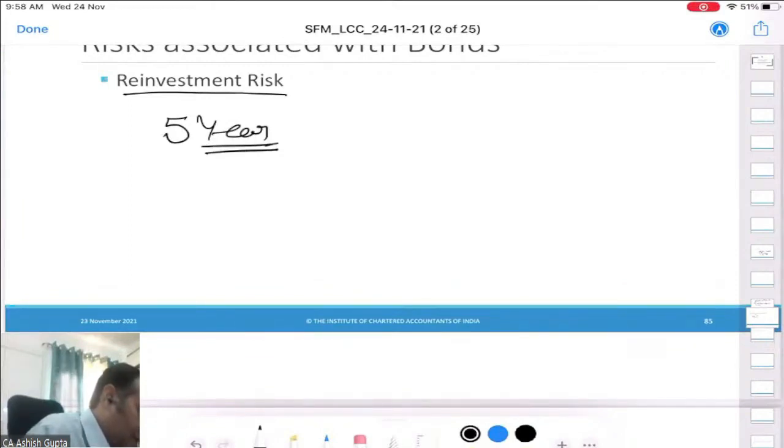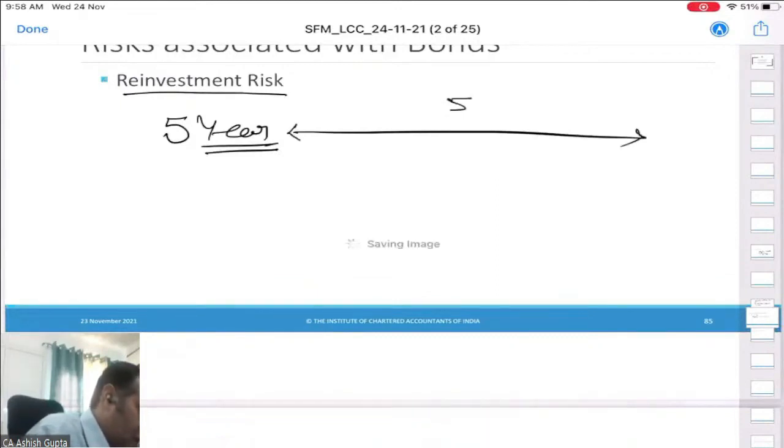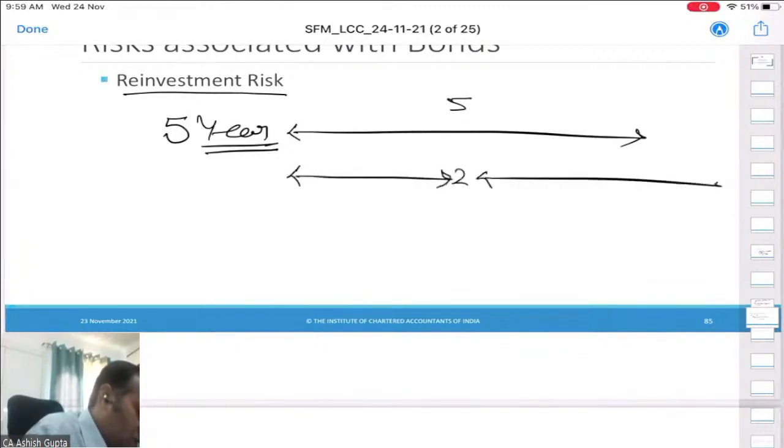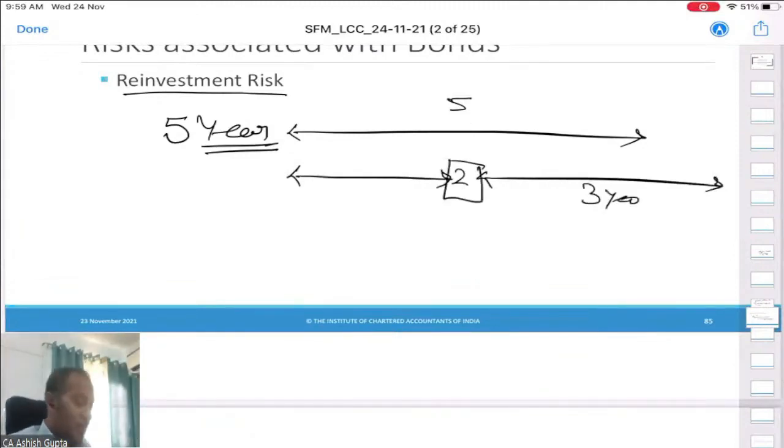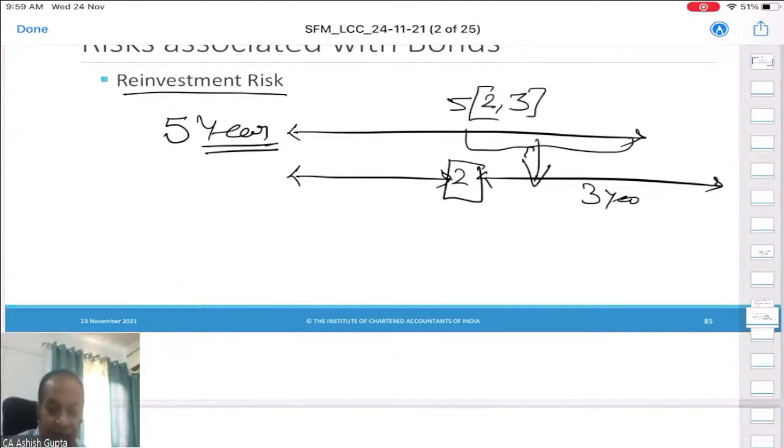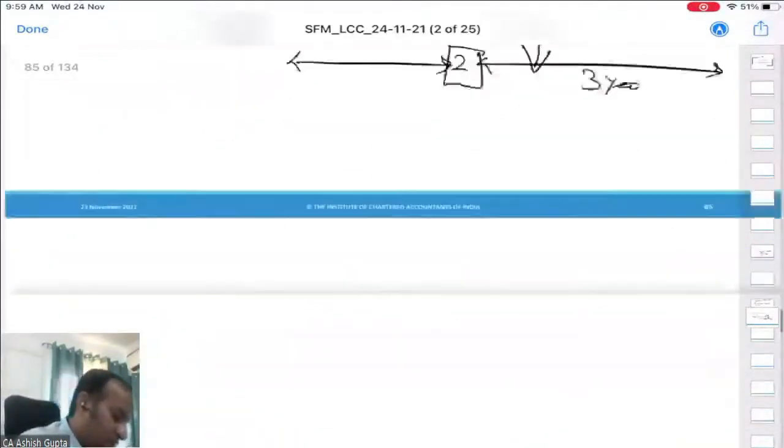You have a choice: either you invest for 5 years in one go, or you divide your investment, first going for 2 years, then another 3 years. In that case you carry the risk whether after 2 years the rate will be high enough to match my forward rate for the period of 3 years. This rate should be at least there, only then there is a benefit. This is called reinvestment risk.